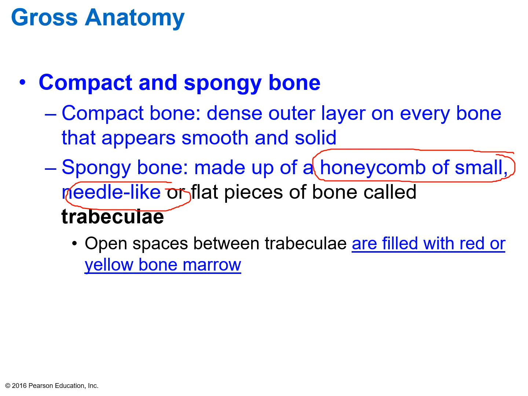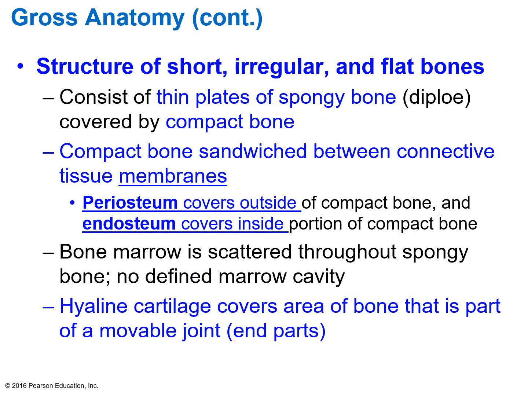And please bear with me. I'm going to show you some pictures to allow you to compare the compact bone versus the spongy bone. Now, the relationship or the organization between compact bone and spongy bone will differ, ultimately depending on the overall structure of the bone.